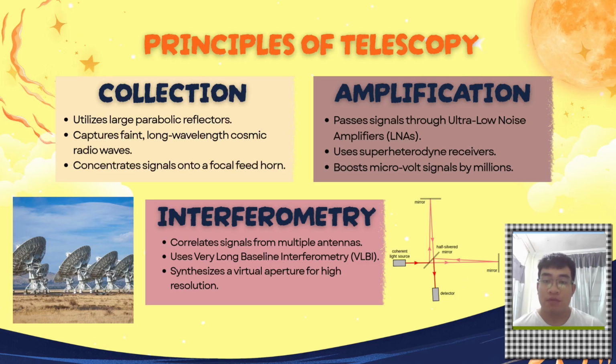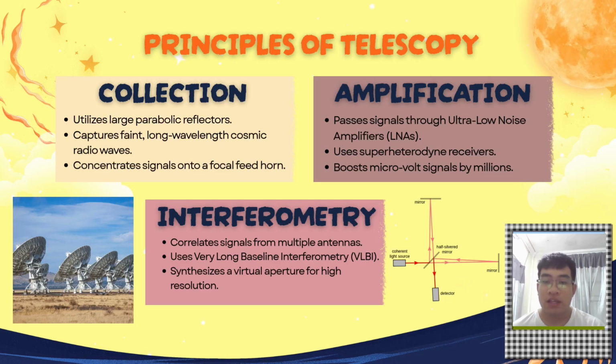Radio telescopy works in three main steps, which are collection, amplification, and interferometry. First, large parabolic dishes collect faint radio waves from space and focus them into a feed horn. Next, ultra-low noise amplifiers and superheterodyne receivers strengthen these extremely weak signals and boost them millions of times while reducing noise.